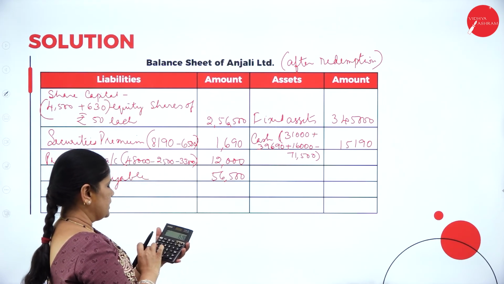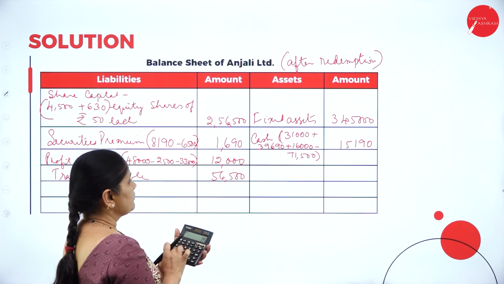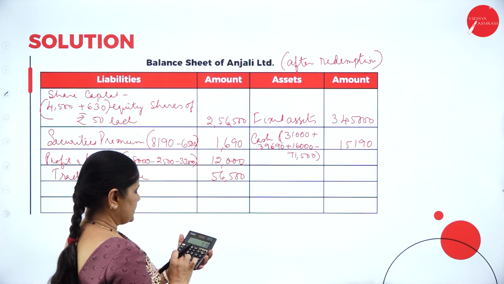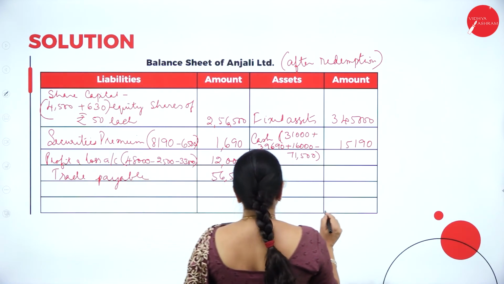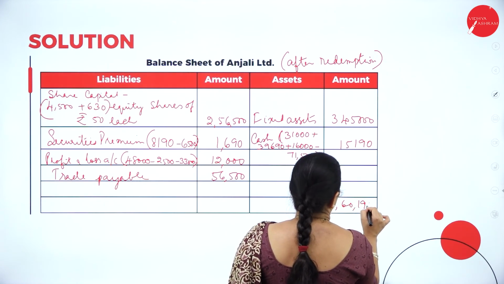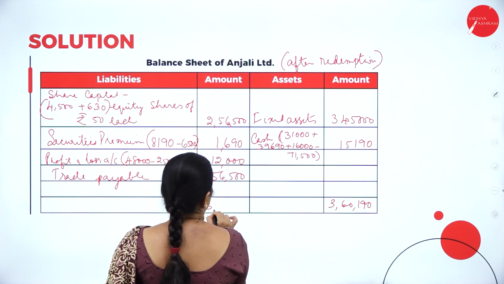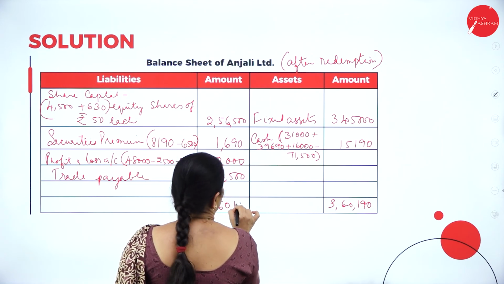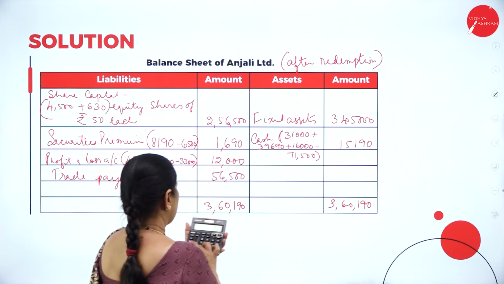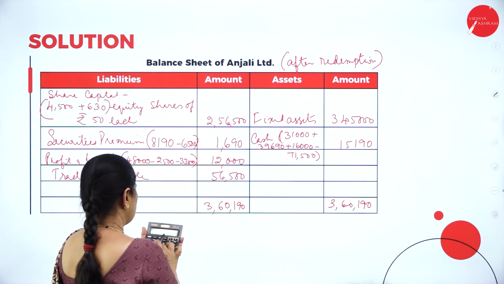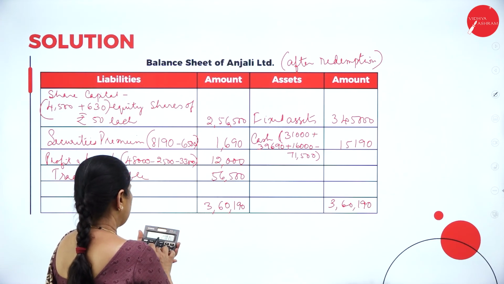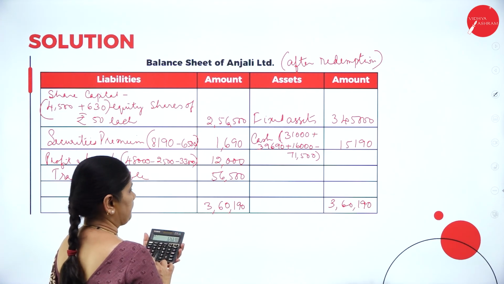Now we'll add the total. 3,45,000 plus 15,190. On the other side, 2,56,500 plus 1,690 plus 12,000 plus 56,500.